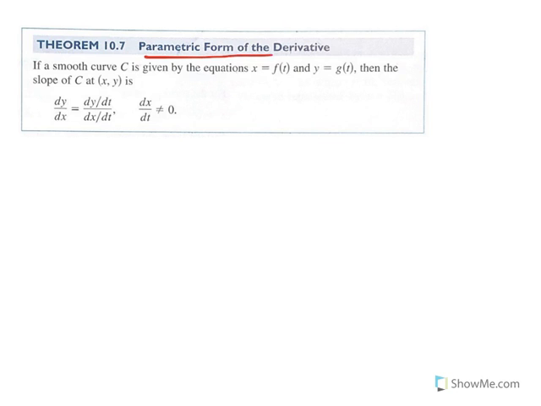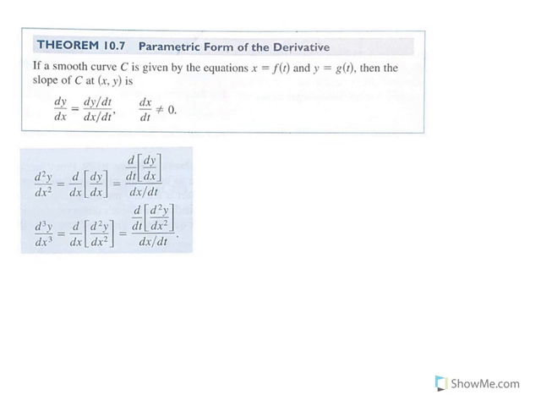So what are we learning today? The parametric form of the derivative. When you have a curve given by a set of parametric equations, dy dx will tell you the derivative. It will tell you the slope of the tangent line to the curve C at a particular point corresponding to a t-value, as we saw in our example earlier.